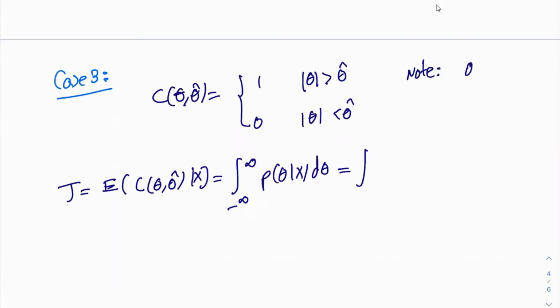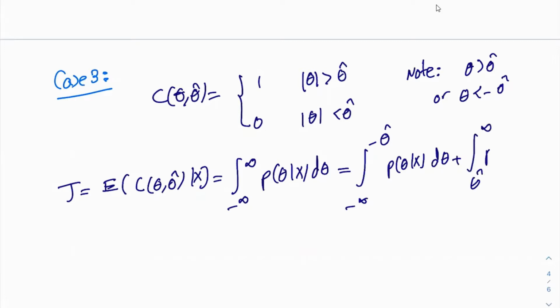It's 1 when theta is greater than theta hat, or when theta is less than negative theta hat. So from negative infinity to negative theta hat, p of theta given x d theta, plus theta hat to positive infinity, p of theta given x d theta. Good. That's what we have.